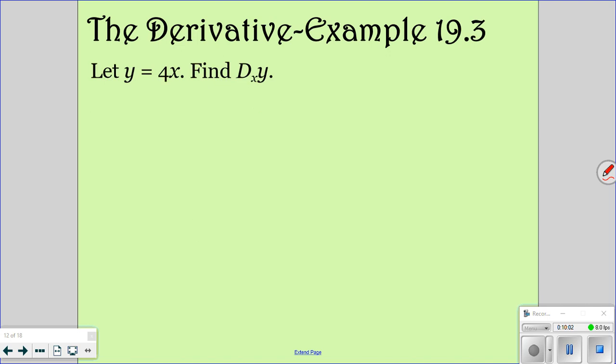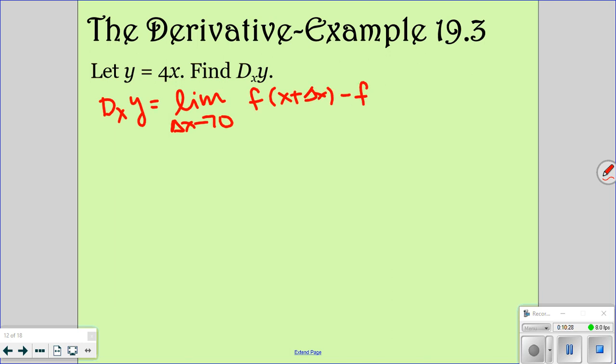Looking at the next example, we have 4x. We want to find, so it says d sub x of y. So all that's asking for is the derivative. So we're going to start off with our formula. So our derivative is the limit as delta x approaches 0 of f of x plus delta x minus f of x all over delta x.